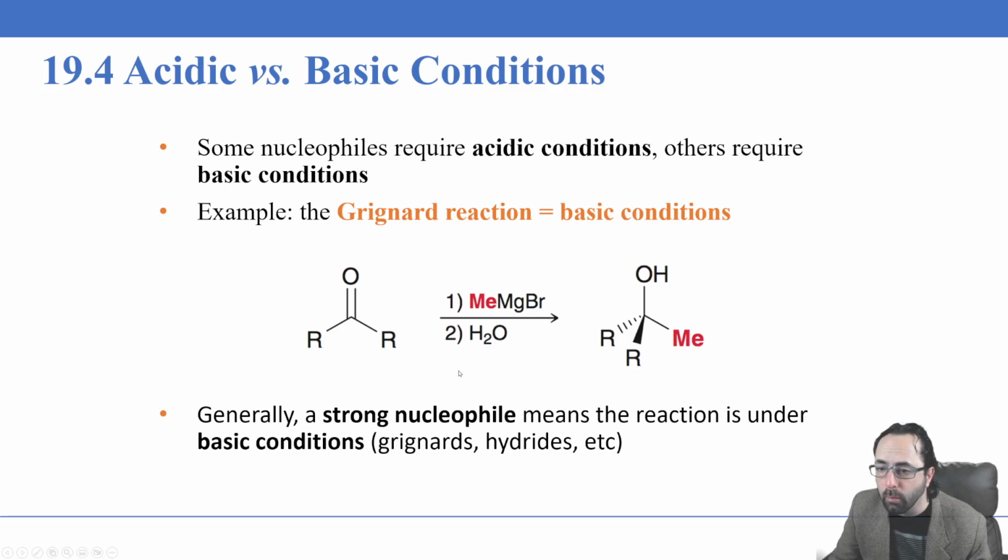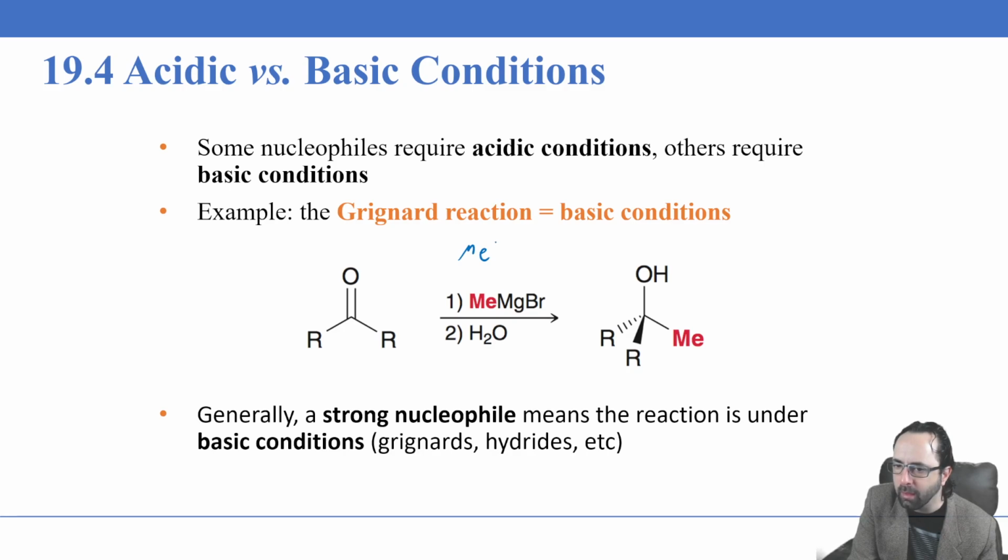Some nucleophiles will require acidic conditions, others will require basic conditions. For example, we learned about the Grignard reactions back in the alcohol chapter 12. The Grignard reaction involves a reagent that is a carbanion and a very strong nucleophile, but also a very strong base. If we look at this Grignard reagent, remember that we can think of Grignard reagents almost as ionic.